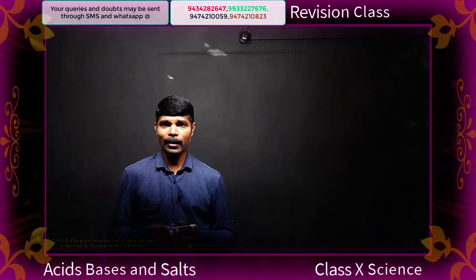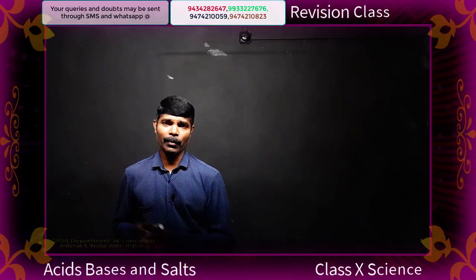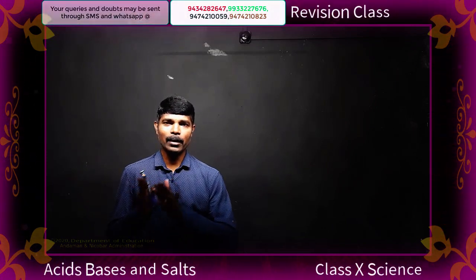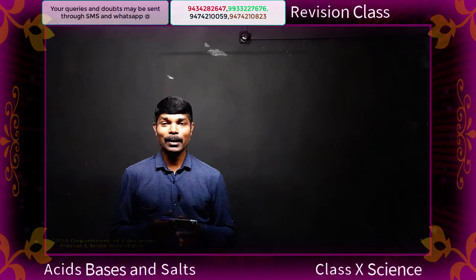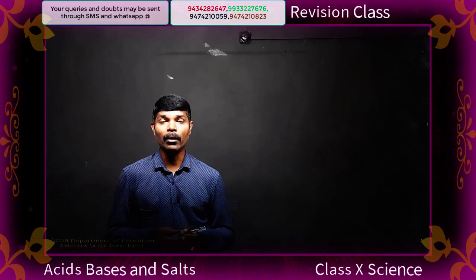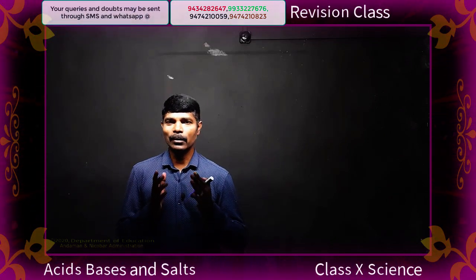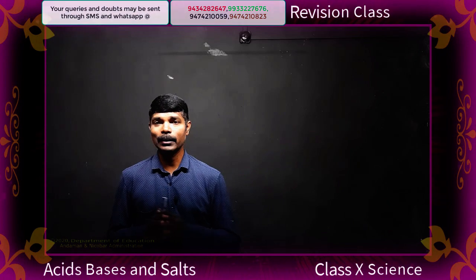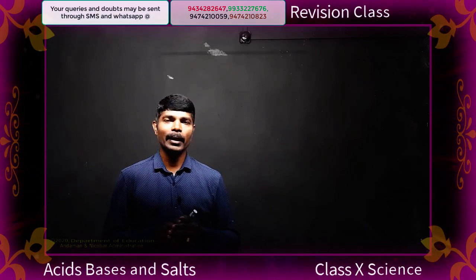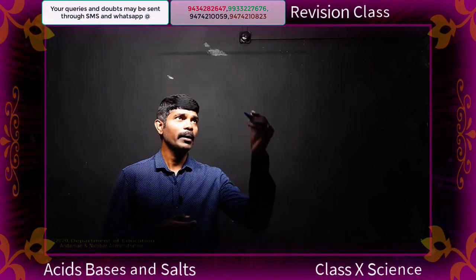In order to understand that, in the chemical properties, what we have seen, when metals react with acid, then in all the cases we have seen hydrogen gas is evolved, right? So we can say that hydrogen is the common thing that all the acids have.